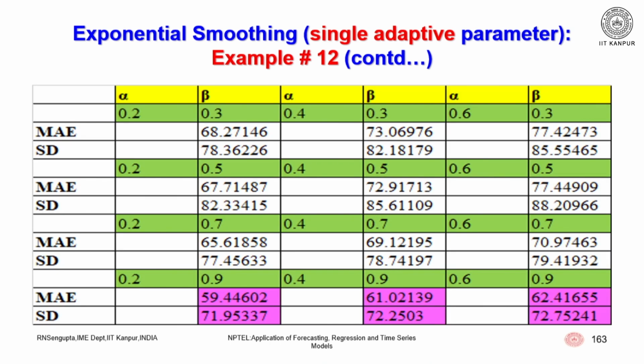Now, what I would do is basically the following. The same table we have already seen in the Excel sheet. I have just copied it such that there is a continuity in the discussion.